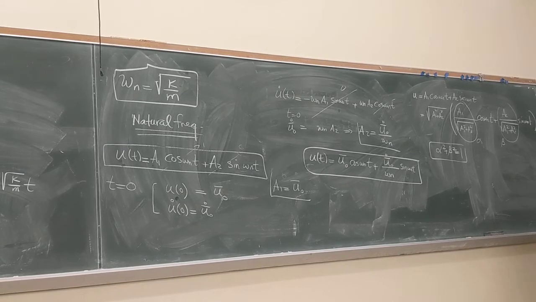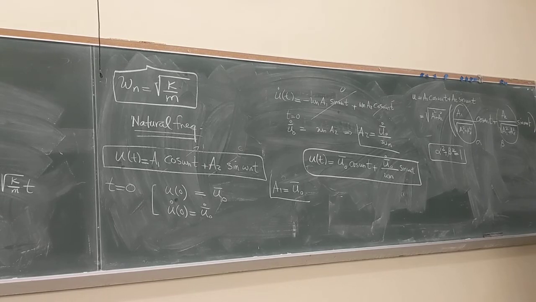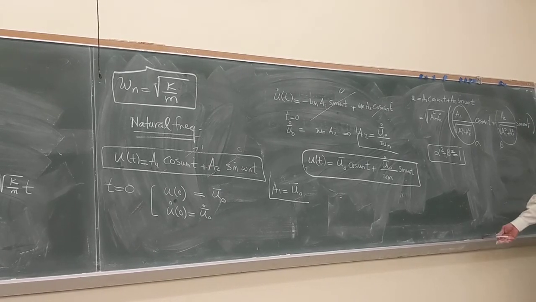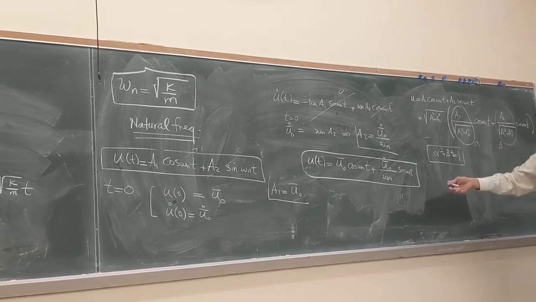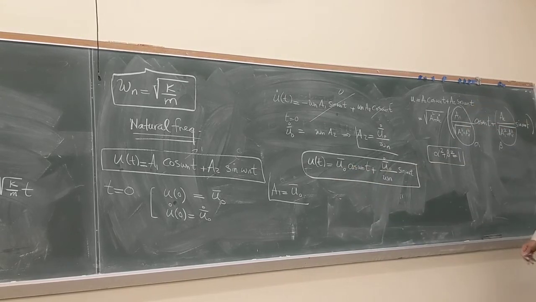And there are only two functions in the world that if you square them and add them up, their sum is equal to 1, and that is sine and cosine, right? And these are, of course, numerical values. You saw that they depend only on the initial conditions.